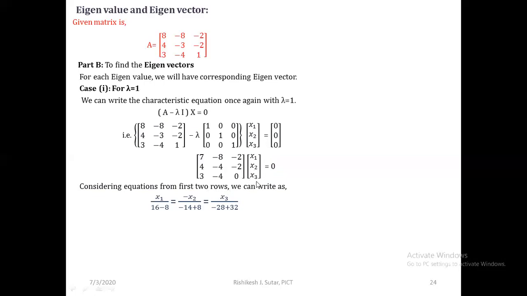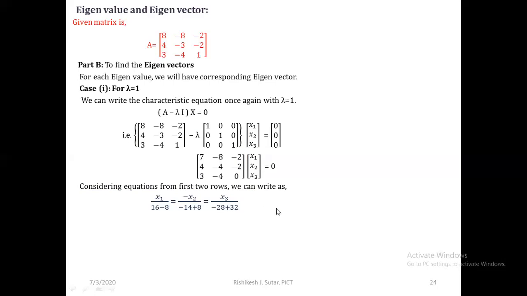Now for the third, x3, you have to skip this third column. You have to consider first and second column. So it is 7 into 4, it is 28, minus 4 into minus 8, that is 32. So minus of minus 32, that is plus 32.